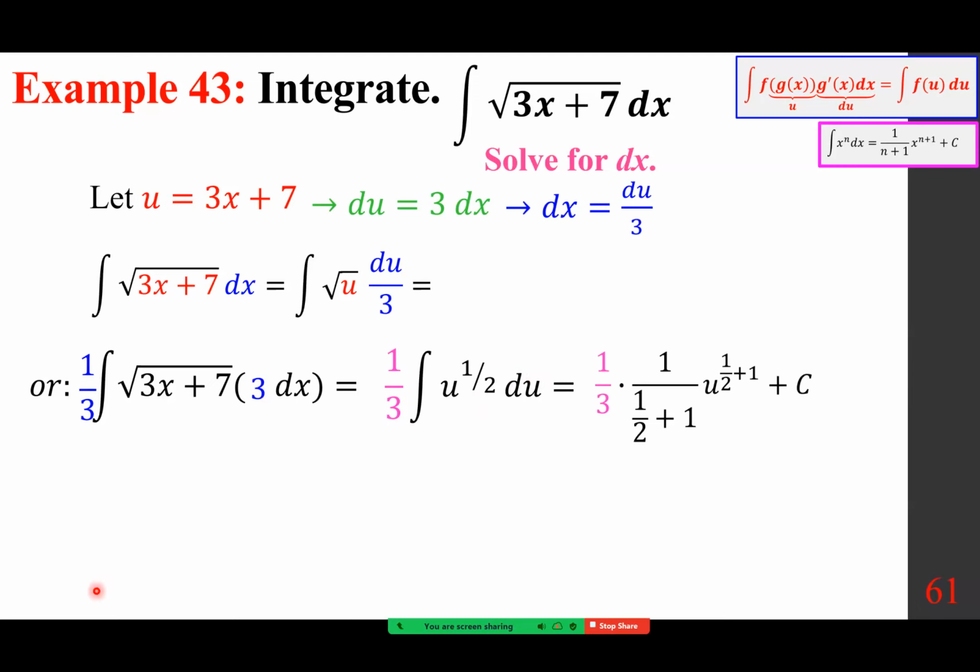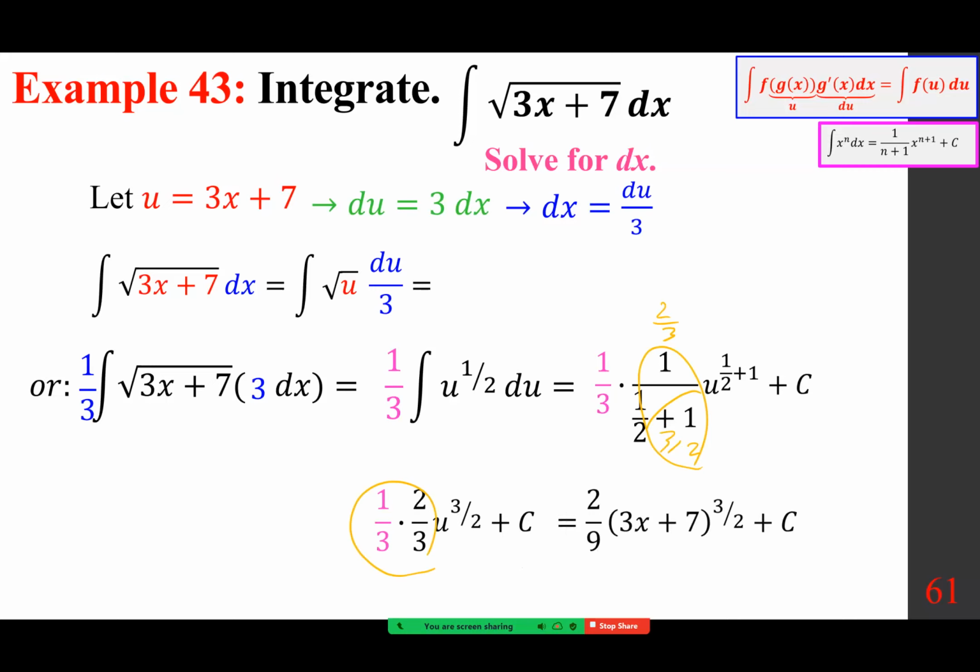This is 3/2, which makes this 2/3. So 1/3 times 2/3, u to the power of 3/2 and a constant. This is 2/9. Replace the u with 3x plus 7, and you're done.